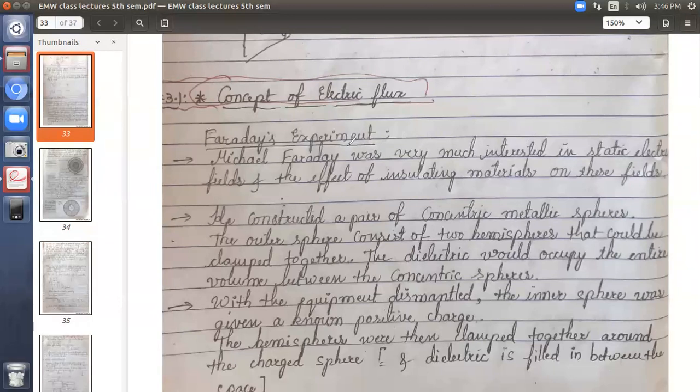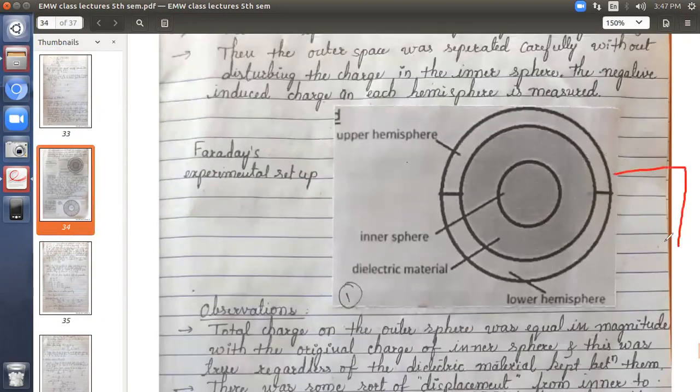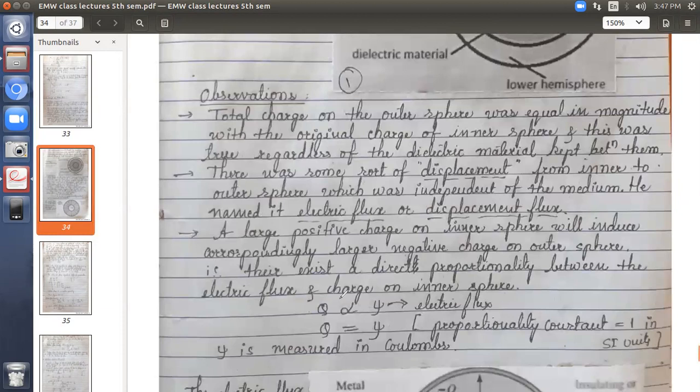He connected the outer sphere to the ground, and he observed that the same amount of charge exists on the outer sphere, equal in magnitude, but with opposite direction. This we call electric flux. Flux is nothing but the number of field lines passing. Psi is equal to Q.